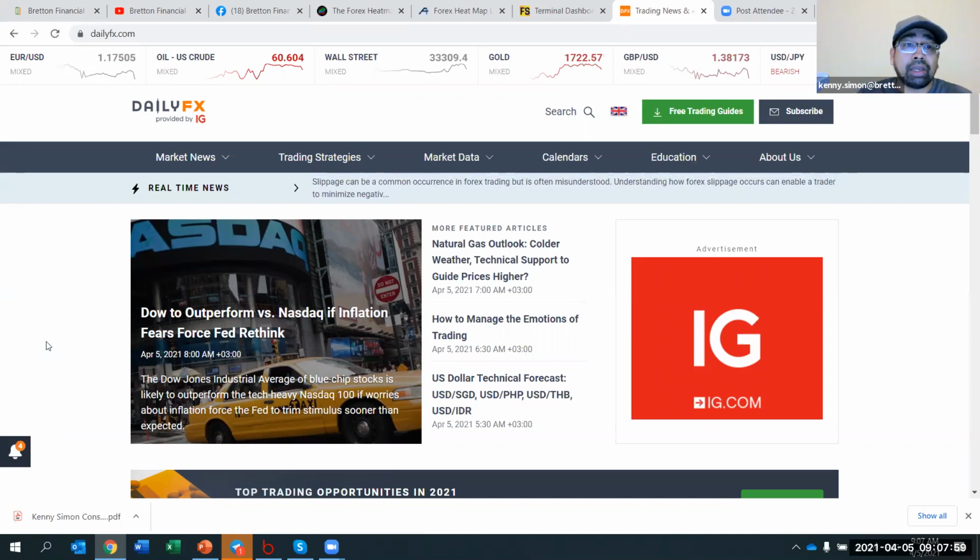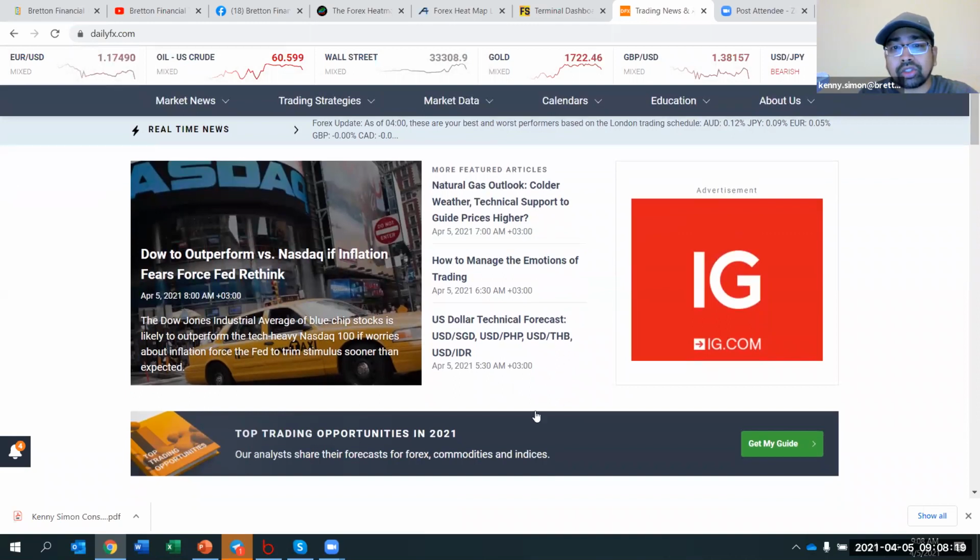FXCM, yes, but now it's been taken over by IG Markets. IG Markets is predominantly in Singapore. Quite a number of my friends who work at DailyFX are in the US and also Singapore based.